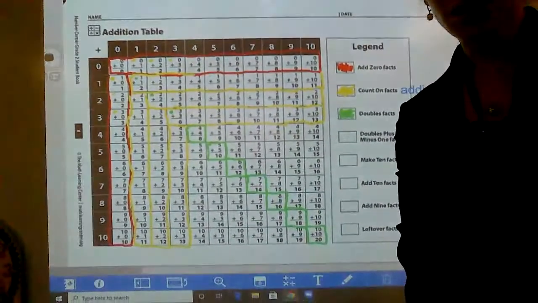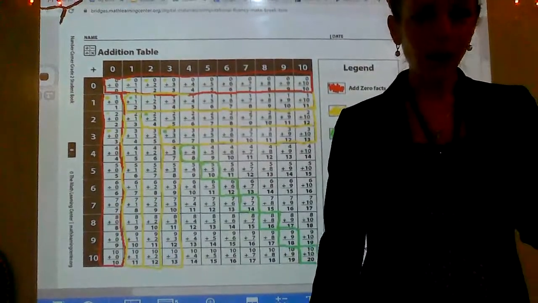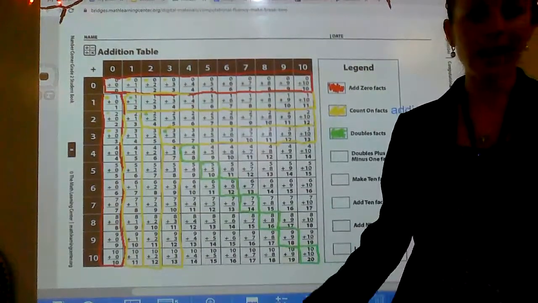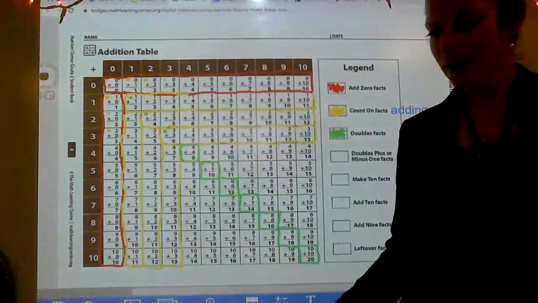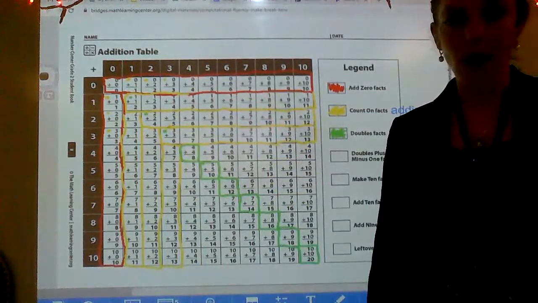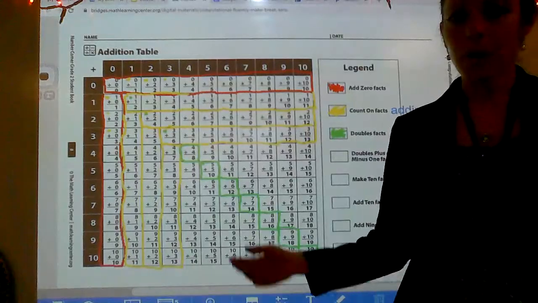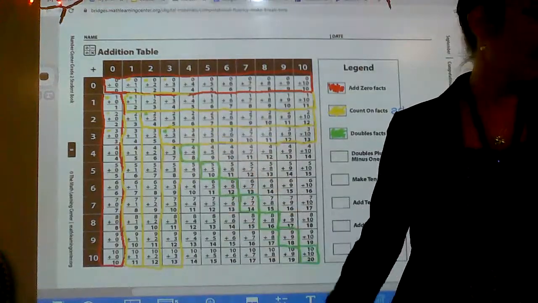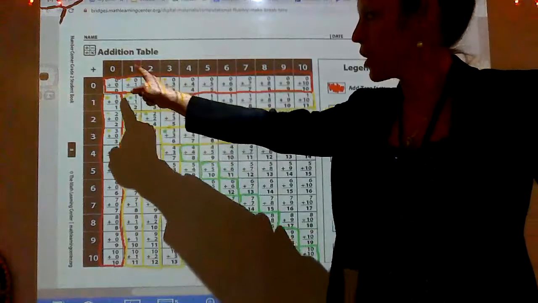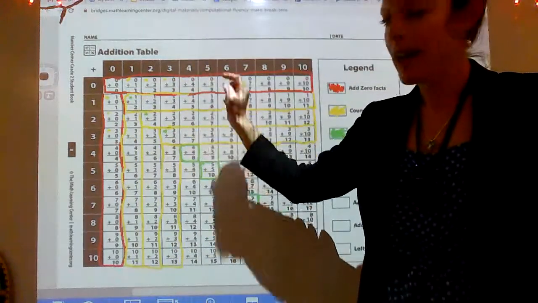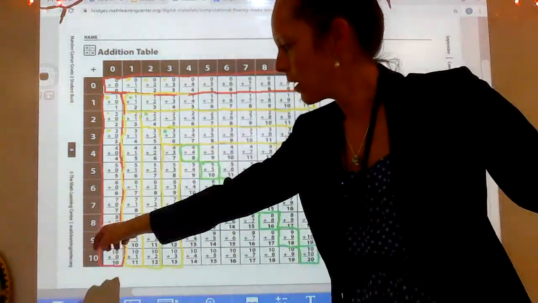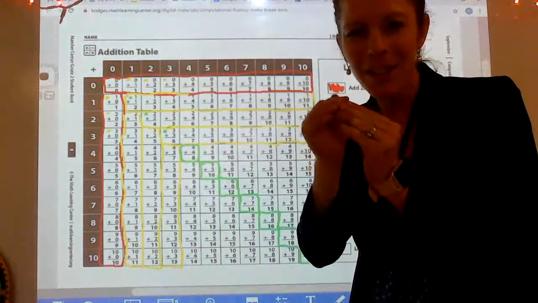We have seen this addition table before, so we already know that it has answers to addition problems, lots of them. If you want to add two numbers together, you're going to look at the top row and the side row and follow them till you see the answer.